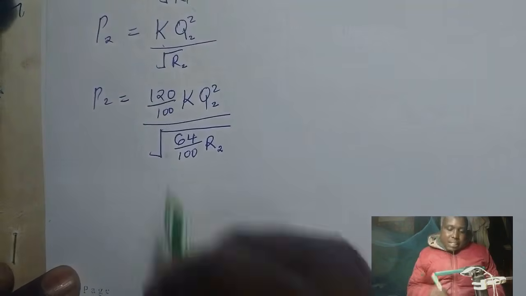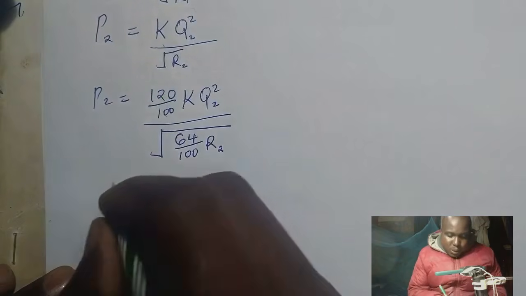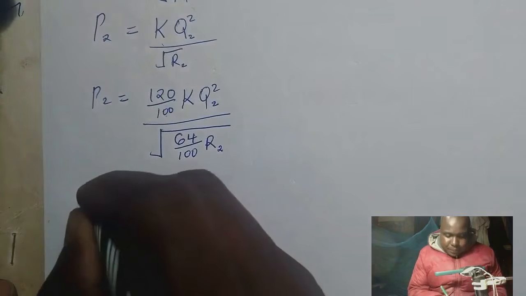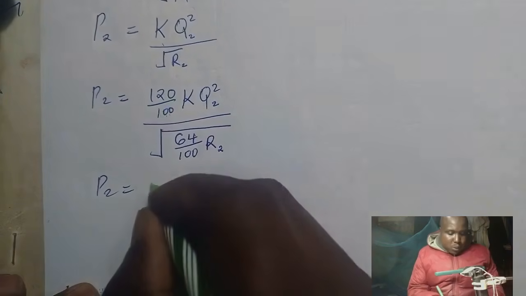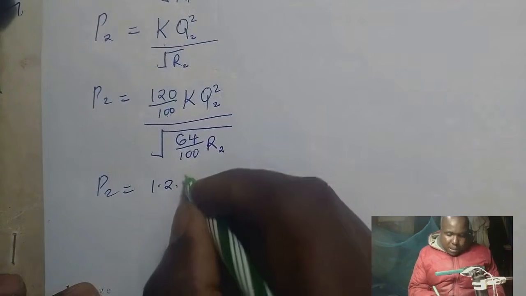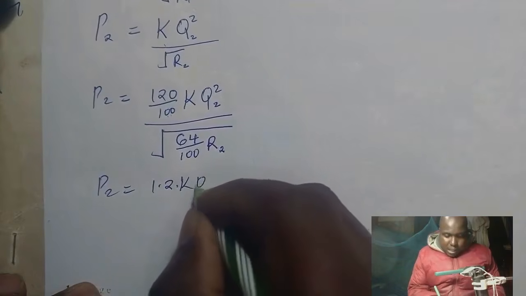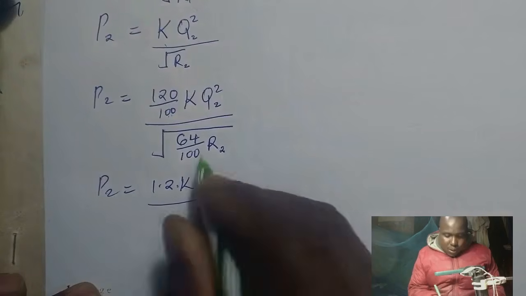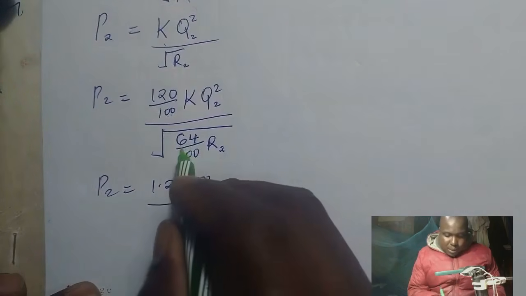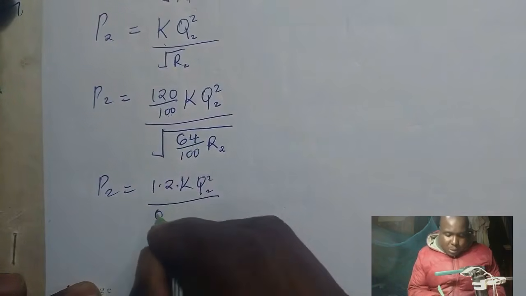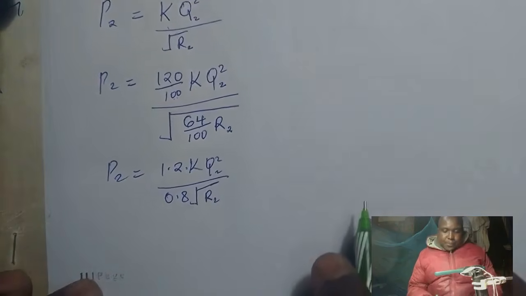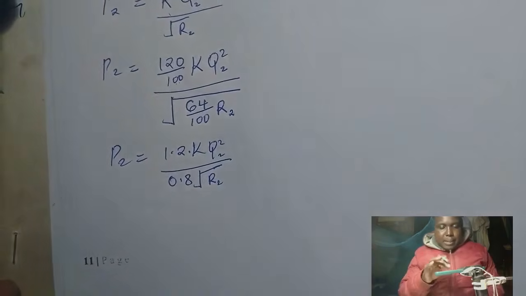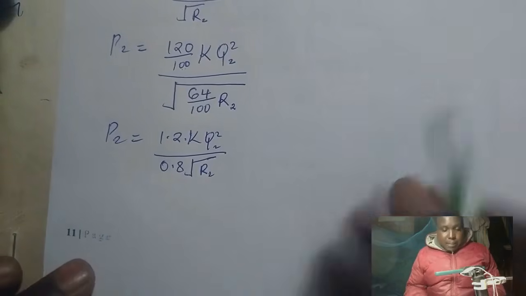So next, let's divide by this. P2 is equal to 1.2 squared times k Q squared over the square root of 0.64, the square root of which is 0.8, times the square root of R. So just divide the numbers.